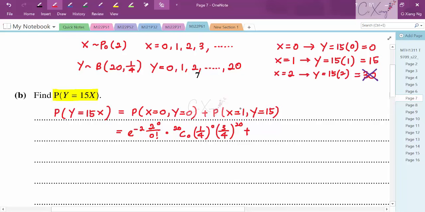How about the next one? For the next one, I'm having x equals 1. For Poisson, it will be e to the negative lambda, lambda power 1, divided by 1 factorial. And how about y equals 15? When y equals 15, it is binomial. Therefore, I'm having 20 C 15, 1 over 4 power 15, and then 3 over 4 power 5.